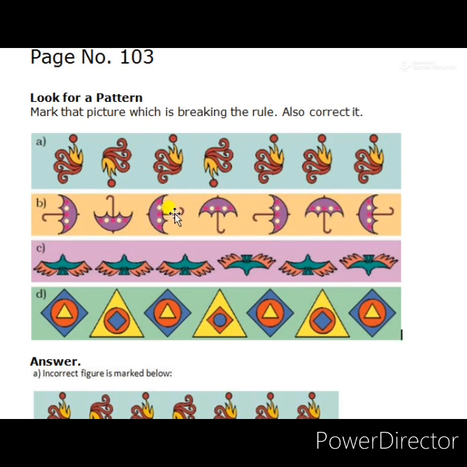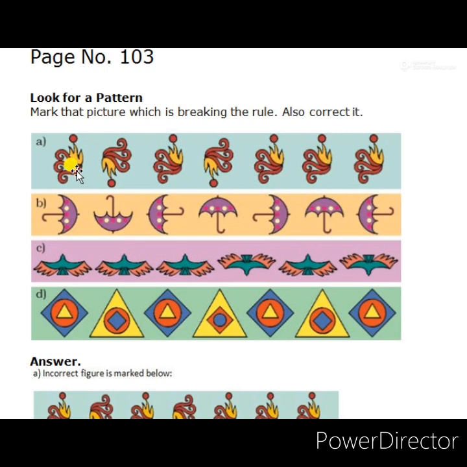How many figures are given here? 1, 2, 3, 4, 5, 6, 7. Seven patterns are showing in the first question, A. And you see two colors are given here, yellow and orange, or brown, whatever it may be.